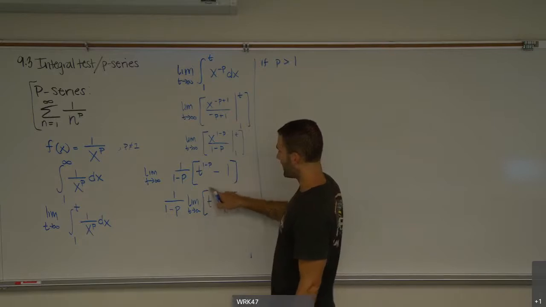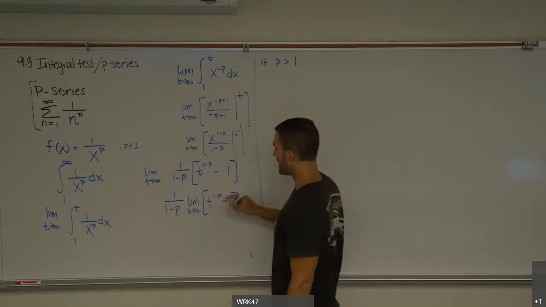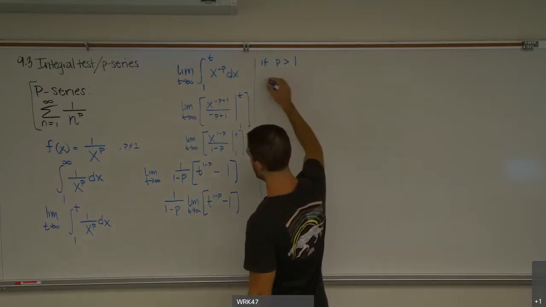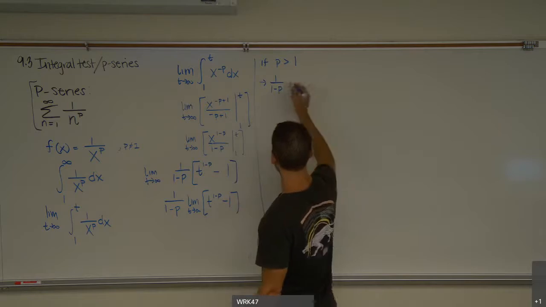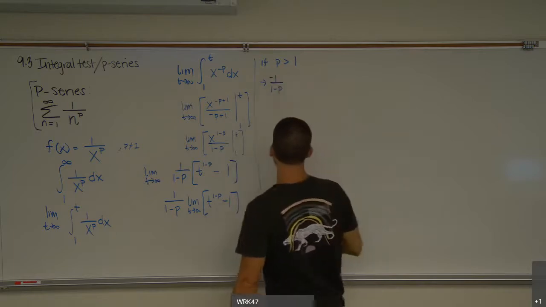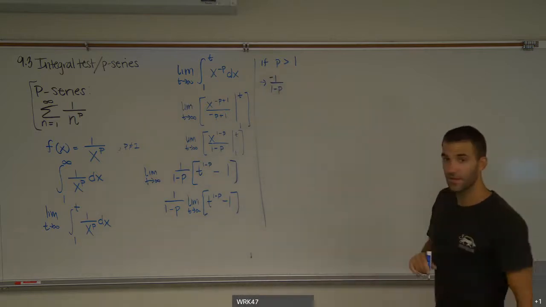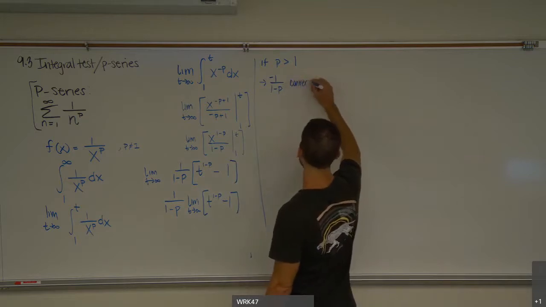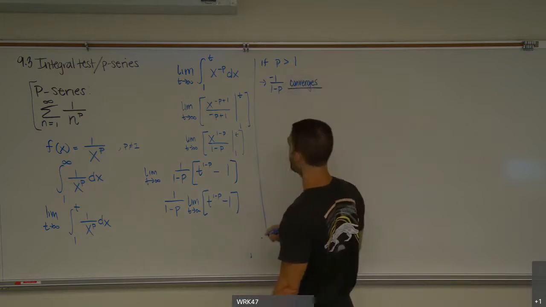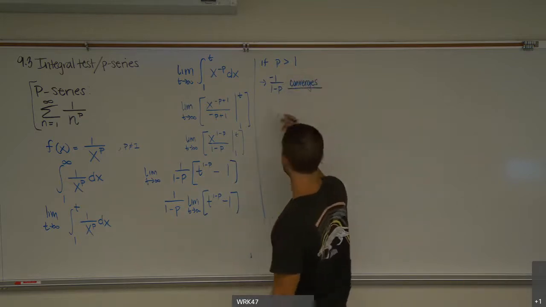Then when I take that limit, it will go to 0 and leave me with this. We'll get 1 over 1 minus p times, this will go to 0, minus 1. So we'll get negative 1 over 1 minus p. Well, that's something finite. That converges. And therefore, the series converges.